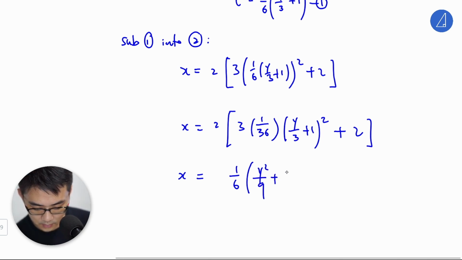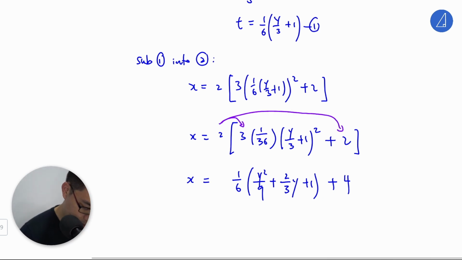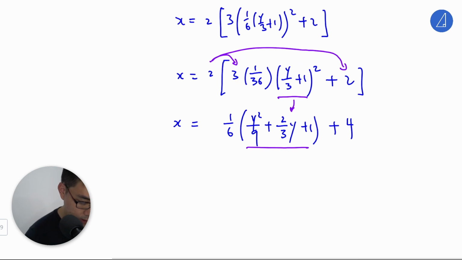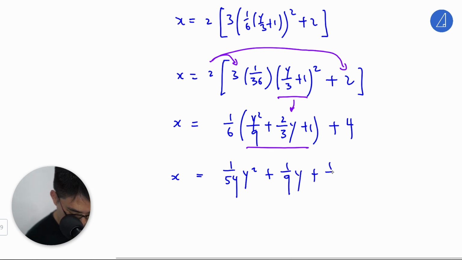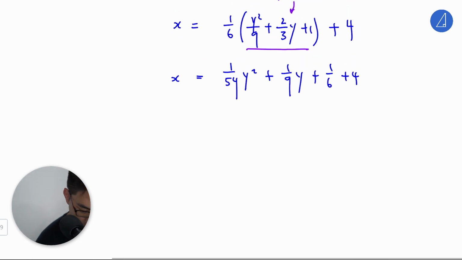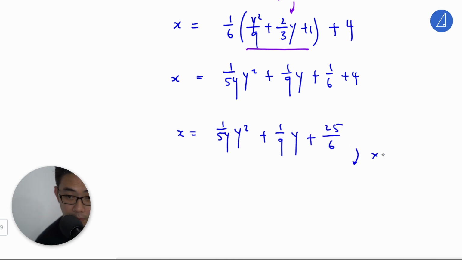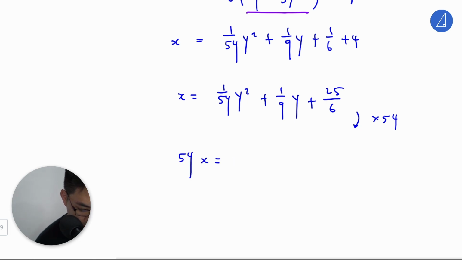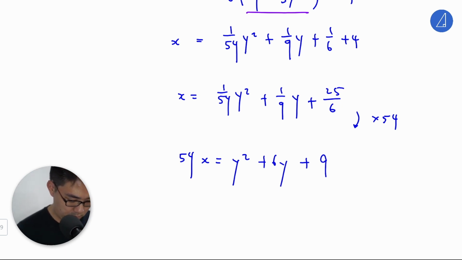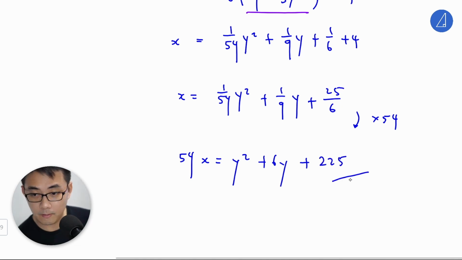I expanded this in and this over here in calculator. So this is the Cartesian equation of D.